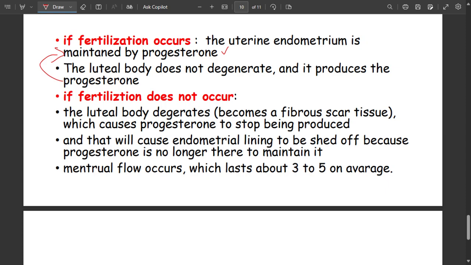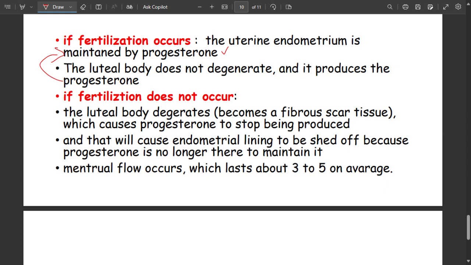That means that endometrial lining is not going to be maintained and is going to start to be shed off. It's going to start the shedding off, which is now referred to as menstruation, where it is represented by bleeding, the first 4 days to 5 days on average in the cycle. Okay, so menstrual flow occurs, which lasts about 3 to 5 days on average in the females.